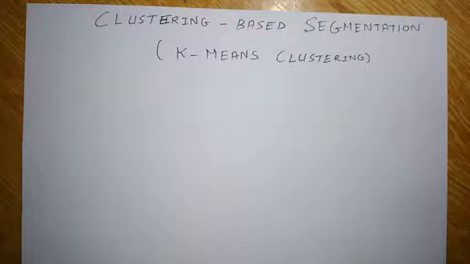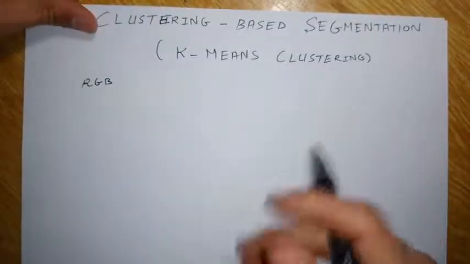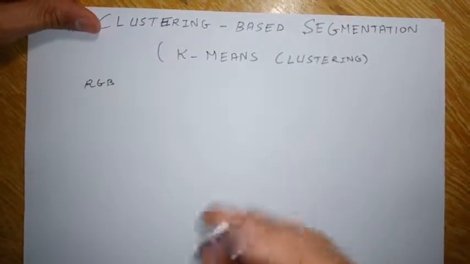So the main idea is that the segments in the image would be represented by clusters in a given feature space, which can be made out of color or texture features, etc. K-means clustering is typically applied on the RGB color space, and we try to find k clusters in that space.